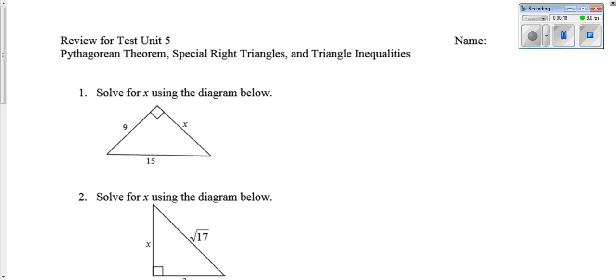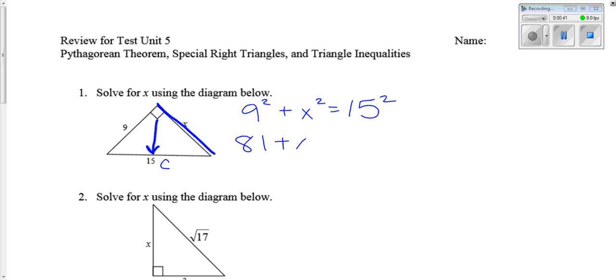Solve for x using the diagram below. Well, since x is the side of our triangle here, I can just use Pythagorean theorem. The 15 is across from my right angle, so I know the 15 is my hypotenuse, so that's my C. So then I would have 9 squared plus x squared equals 15 squared, so 81 plus x squared equals 225.